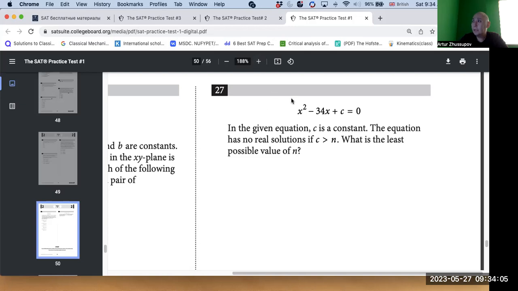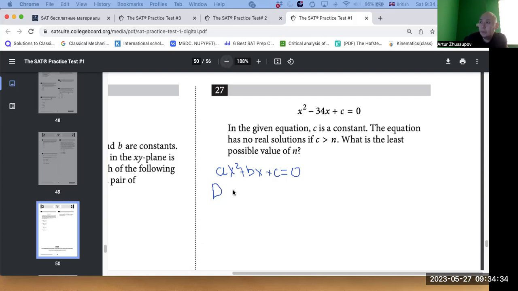Okay, guys, let me briefly remind you under what condition the quadratic equation does not have any solution. If we have a quadratic equation ax squared plus bx plus c equals 0, one way of solving it is to find the discriminant.